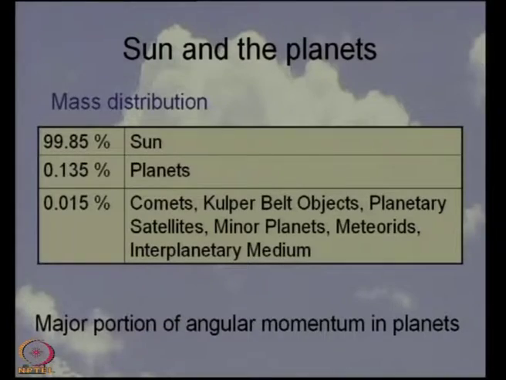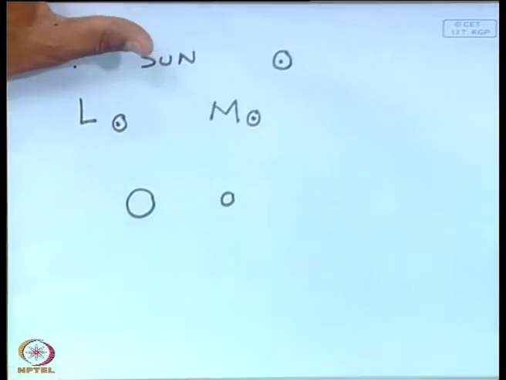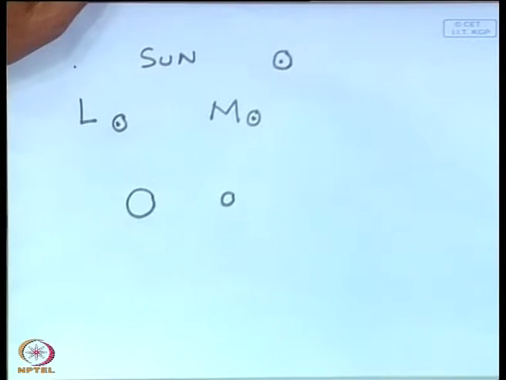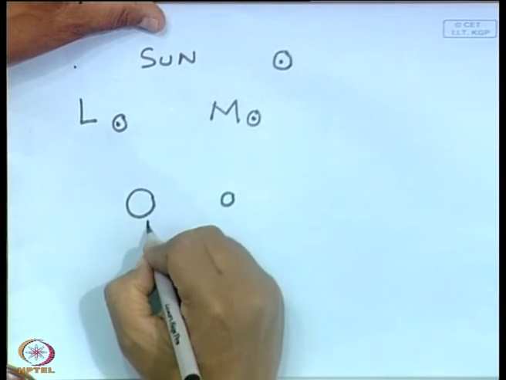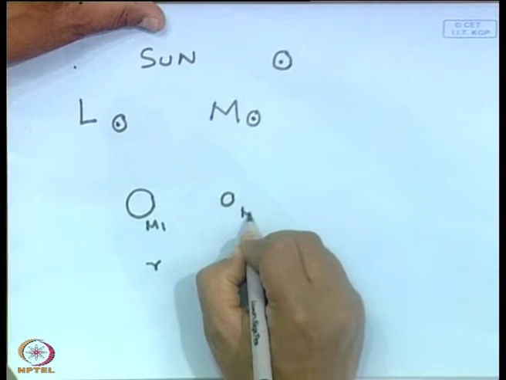So, when we discussed the two body problem, let us just go back to the two body problem, we have two masses. Let us just consider the earth and the sun as two masses, forget about everything else. So, this is m1, this is m2.